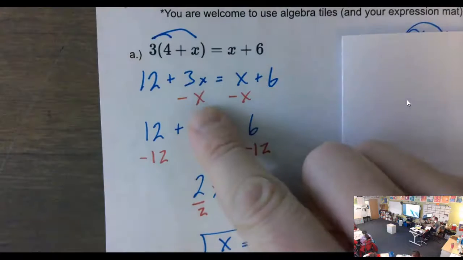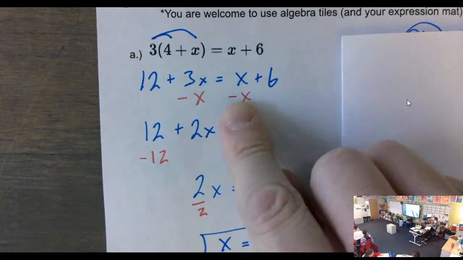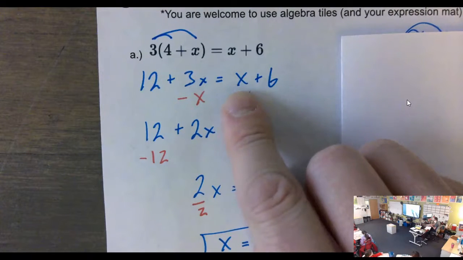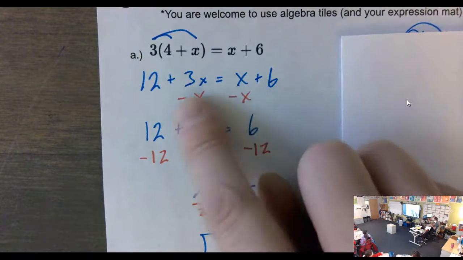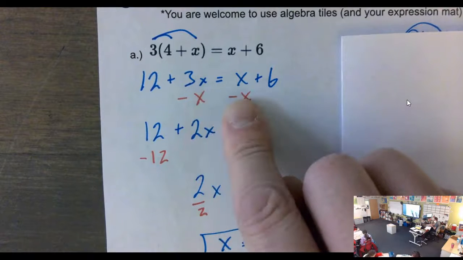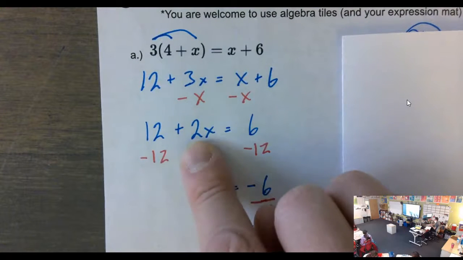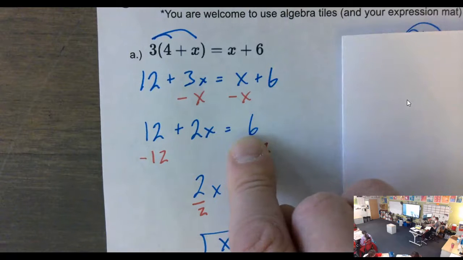Then my advice that I gave you, not the only right way, but if I have a smaller x, like 1x, and a bigger one, it's easier to take the smaller one away. So if I minus x from both sides, now I get 12 plus 2x equals 6. This is where people goofed up.